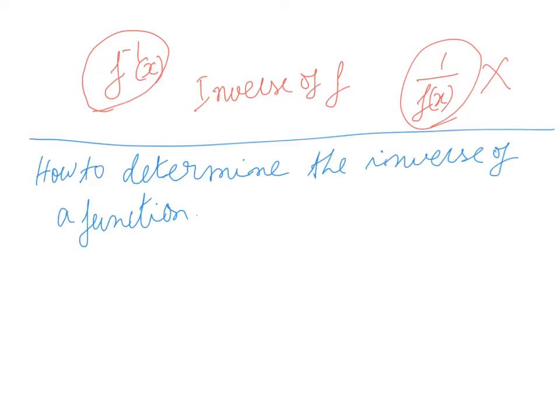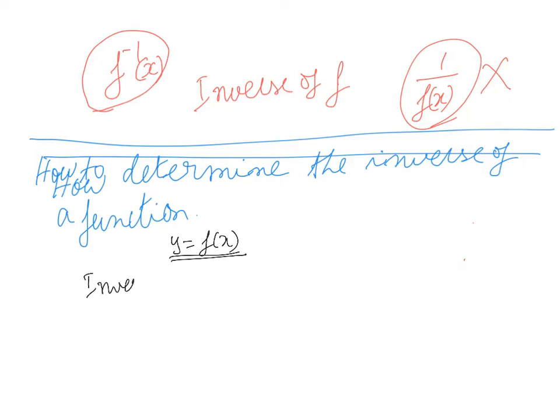How to determine the inverse of a function? It involves two simple steps, but don't make it complicated. I know my function here is y is equal to f of x. Now my first step to find the inverse is to swap the values of x and y, that is, xy will become yx.